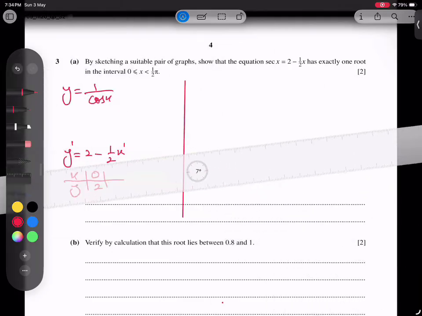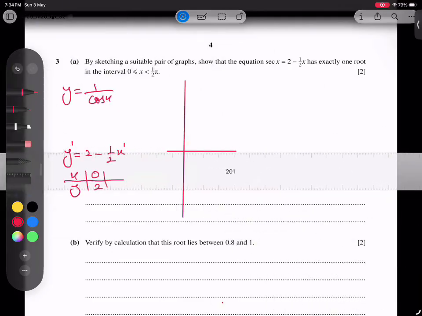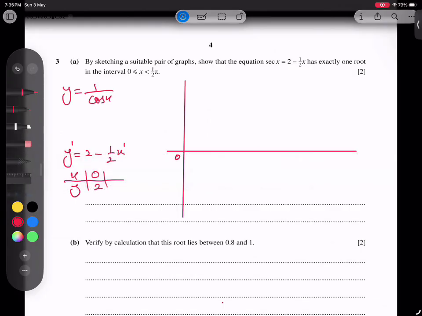Pi by 2 is, let's say here, 90 degrees. Half is 45 degrees, exactly in the middle, pi by 4. I can do one thing: because of this whole division, half of this is pi by 8, and here 3 pi by 8.